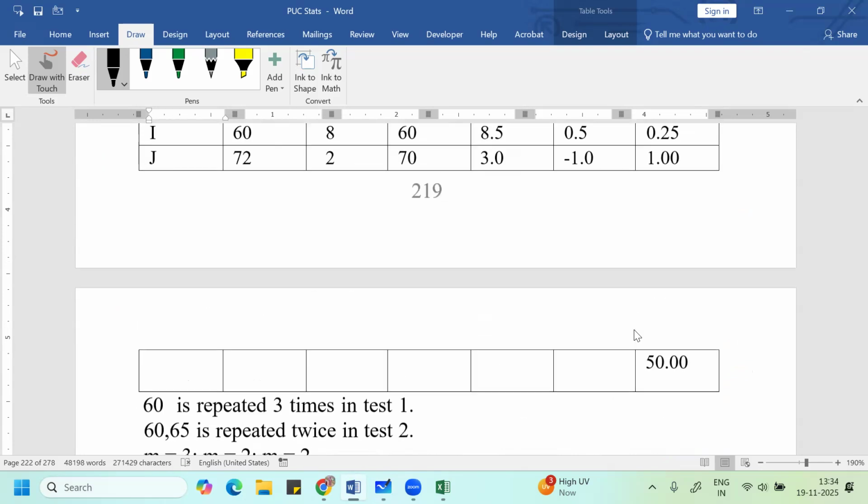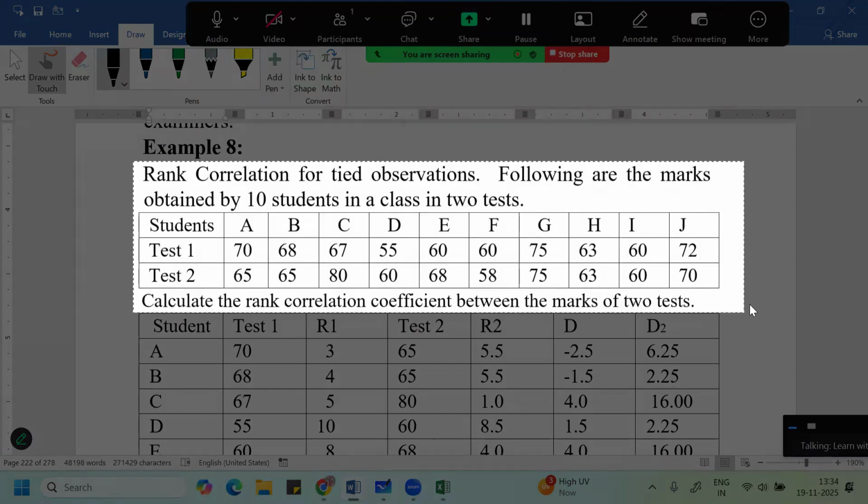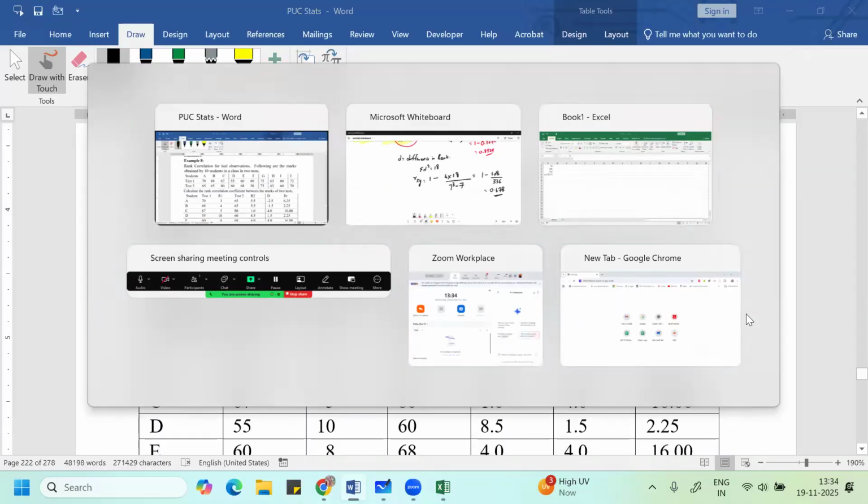Okay, so here repetition is there. Let me do this question where there's a repetition. So how will you do it when there's a repetition in the problem? Okay, let me take the screenshot.